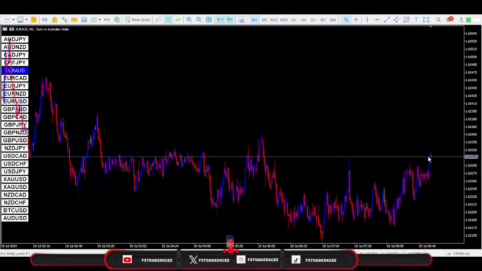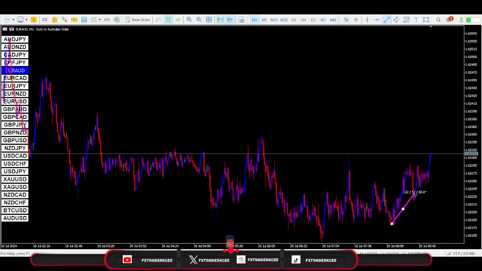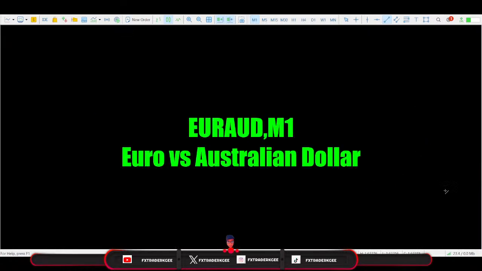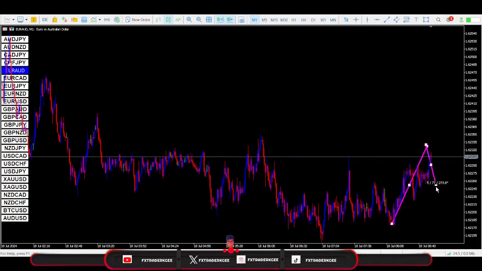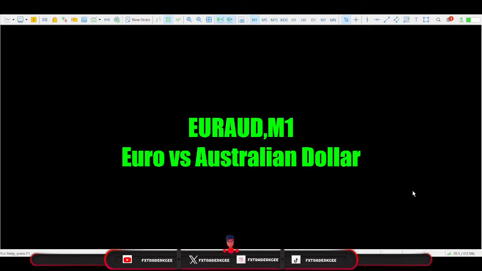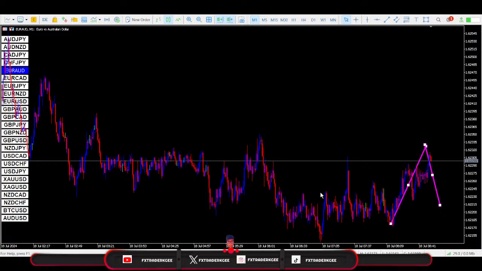So on a very good day, with what it has done so far, even if it goes above this level, what I would want to do is wait for price. Even if it goes anywhere, let's just say here, what I'm also going to do is wait for a pullback. Once the pullback is identified, then the next thing is to take the trade.